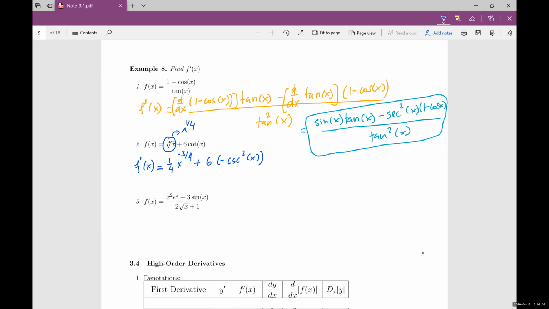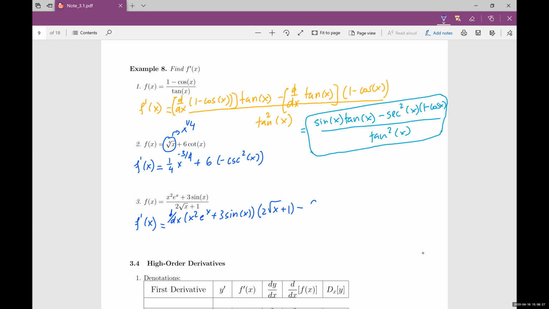The last one here has a quotient, so you have to use the quotient rule. So I have to use d over dx of x squared e to the x plus 3 sine x, and then multiply by the second function.